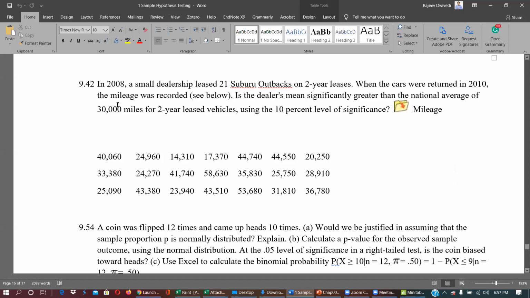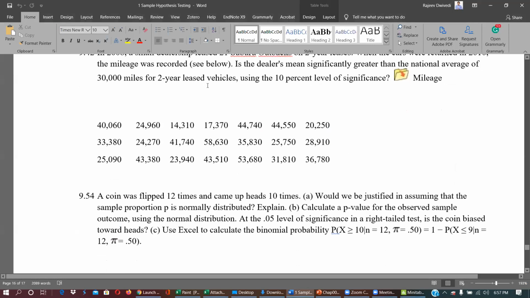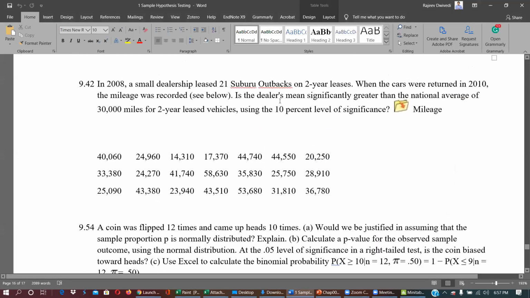And this dealership leased 21 Subarus. When they were returned, these are the miles recorded. So we are going to check, is the dealership mean significantly greater than the national average or not?